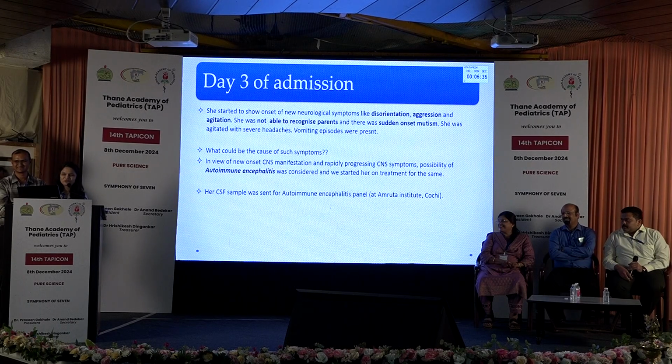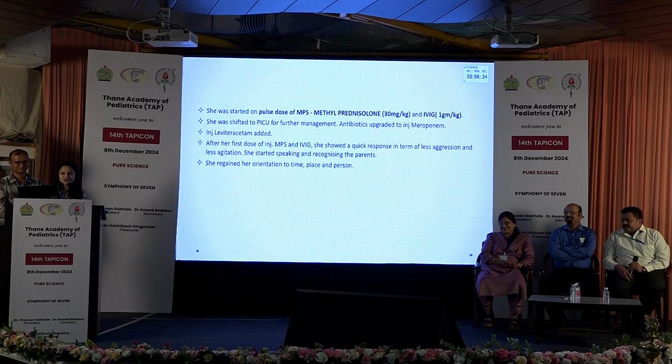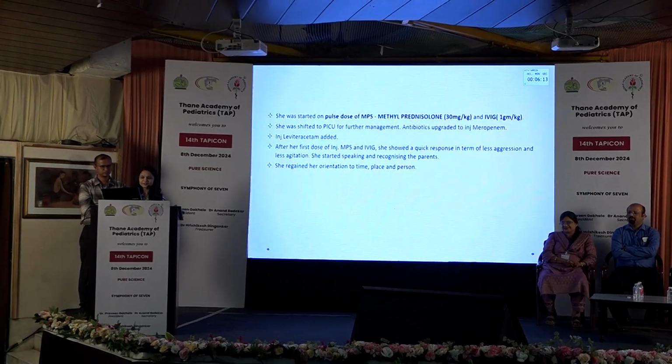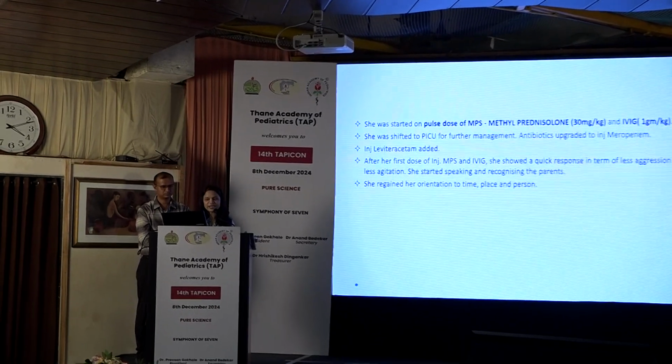She was started on steroids and IVIG, pulse dose MPS, 30 mg per kg and IVIG 1 gram per kg. She was shifted to PICU, antibiotics were upgraded, levetiracetam was prophylactically added. After her first dose of MPS and IVIG, she showed a quick response in terms of less aggression and less agitation. She started speaking and recognizing the parents.